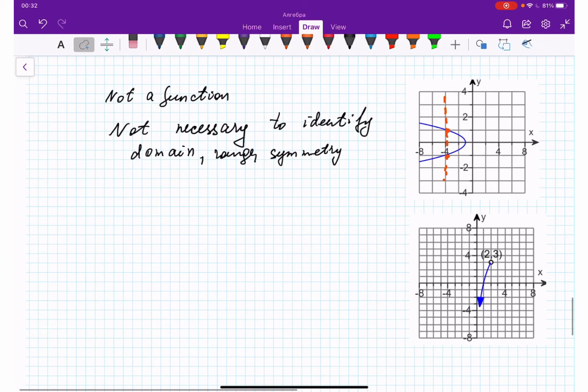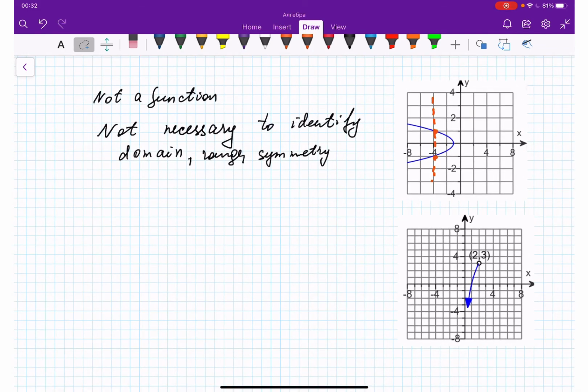Okay, what do we have in this case? Does the graph represent a function? Obviously, yes, this is a function. And period. Next question, what is going to be the domain in this case?